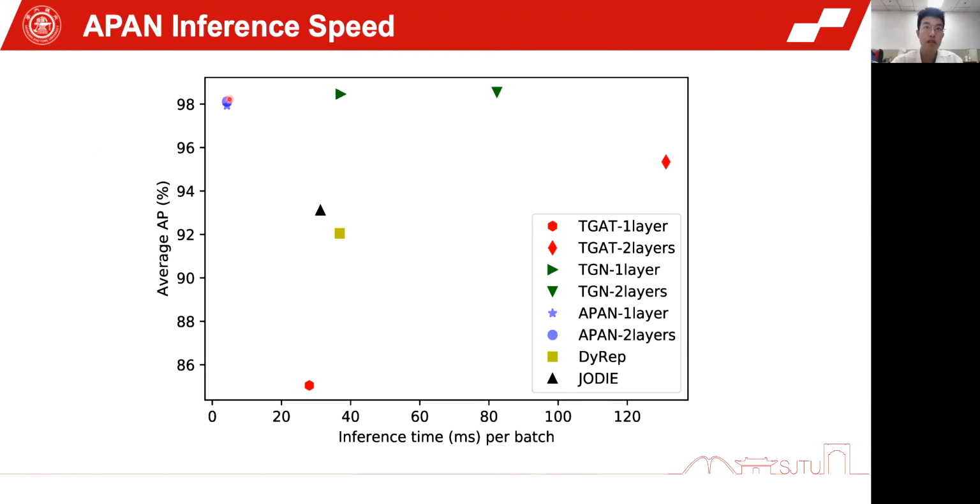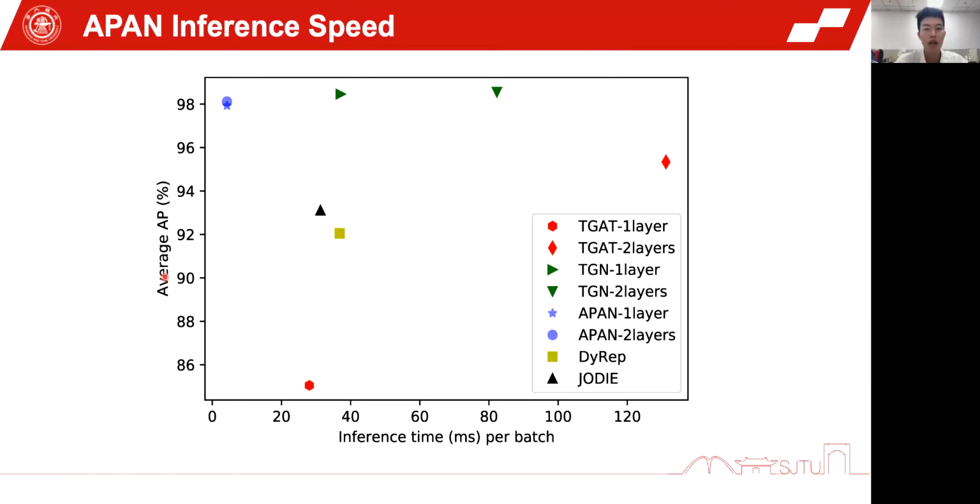And here is the speed. Compared with other advanced graph deep learning models, APAN achieves significant inference speed improvements with competitive performance. It is a 10 times improvement.